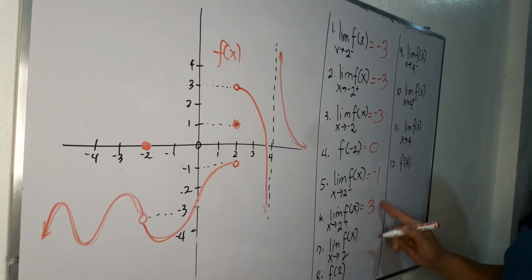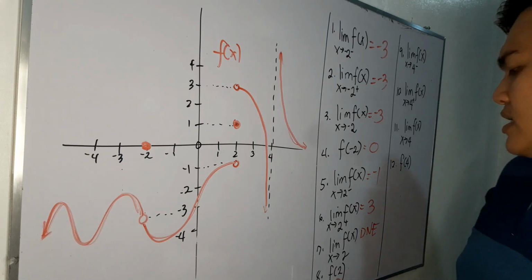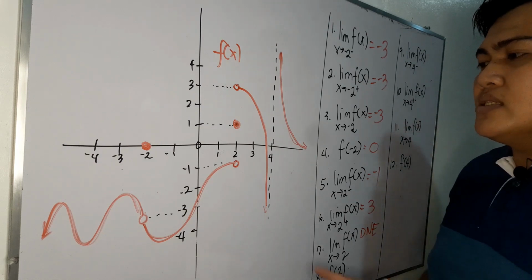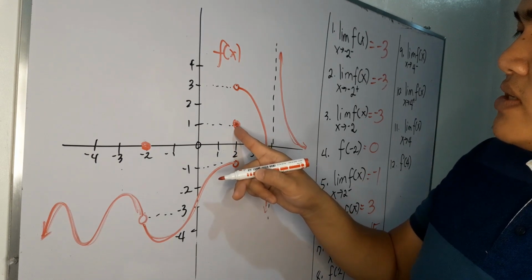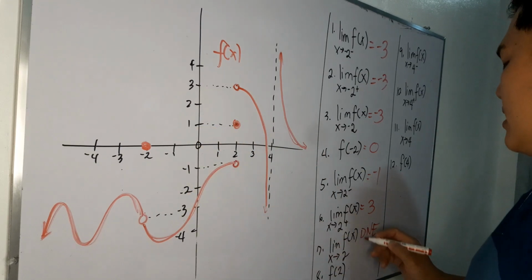And since these two are not the same, this does not exist. But what is f of 2? This is the y value when x is 2. So when x is 2, we have to look at this because this is a solid circle. So that's 1.